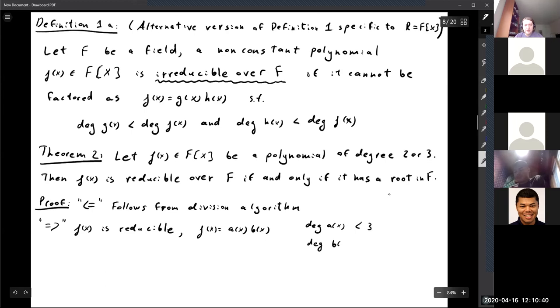Degree of b of x must be strictly less than 3 as well. Now the degree of a of x times b of x equals the sum of the degrees, right? Degree of a of x plus degree of b of x.